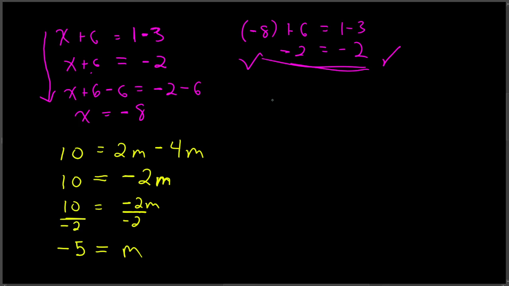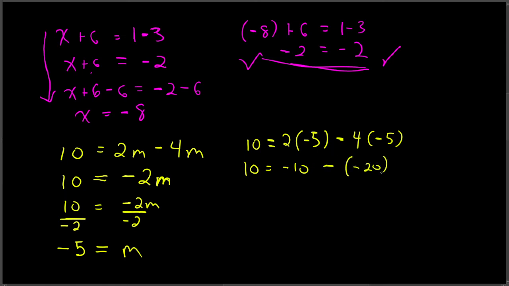Again, I want to check. So I'm going to come back here, and in parentheses, and now do you see why I like the parentheses? Right? It orders these nice and neat. And now 2 times negative 5 is negative 10, and 4 times negative 5 is negative 20.